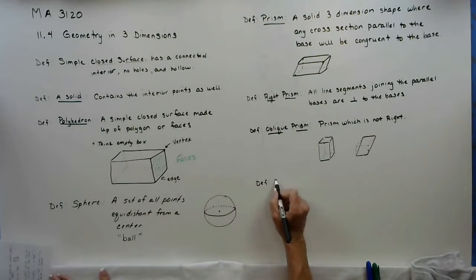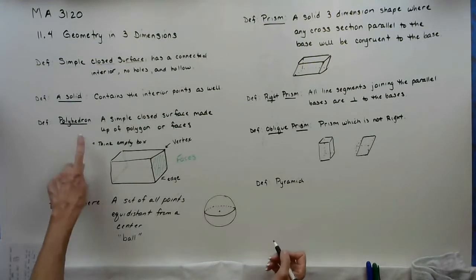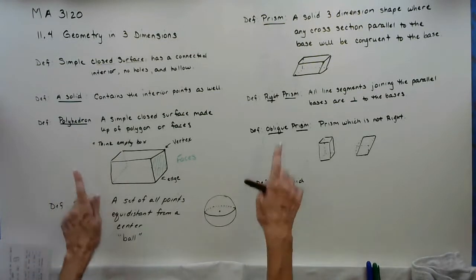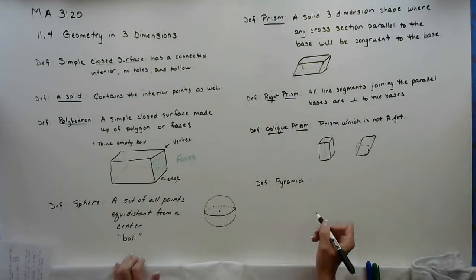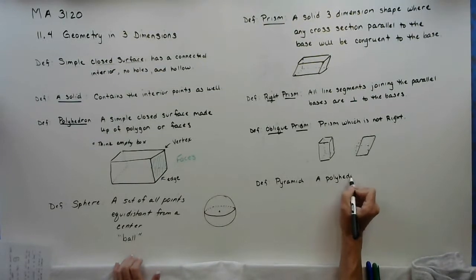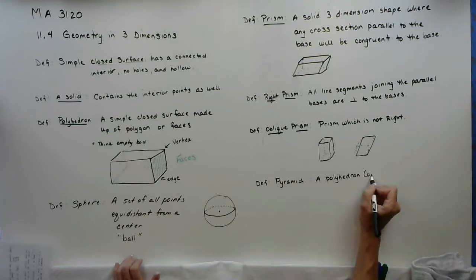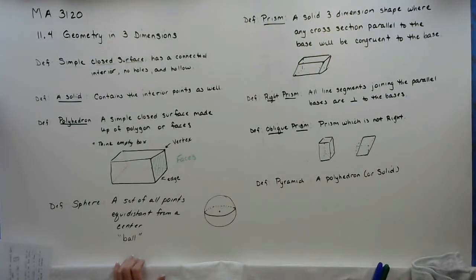Now let's think about what's called a pyramid. A pyramid is a polyhedron, so it can be hollow or solid.